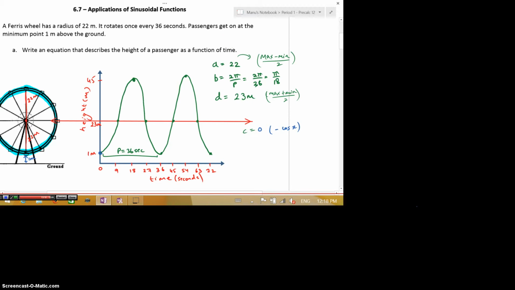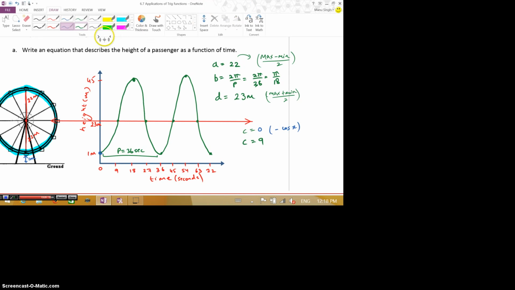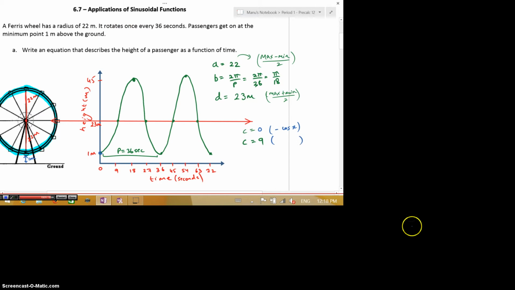What if the function's phase shift was 9 units? What kind of function would you be looking at then? If we started our function 9 units in? Sine function. Positive sine of x. Right? Positive sine of x.